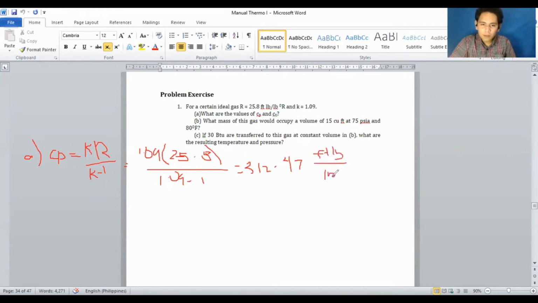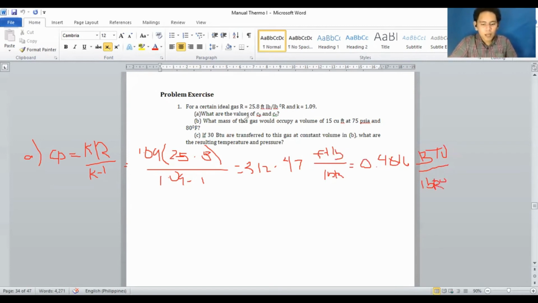per pound Rankine. Now, if you're going to convert it into BTU, you have to divide it by 778, because 1 BTU equals 778 feet-pound. So upon dividing by 778, your CP would become 0.416 BTU per pound degree Rankine.